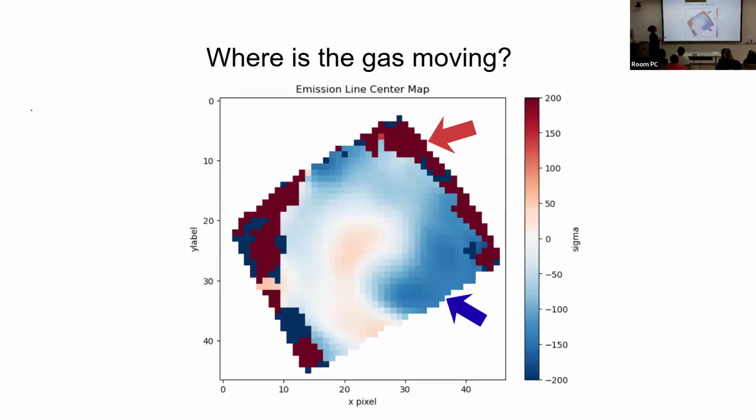This is where the gas is moving. Again, the x-axis and the y-axis are essentially just the 47 by 47 pixels, which shows the entire galaxy.